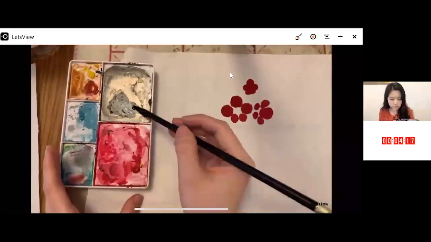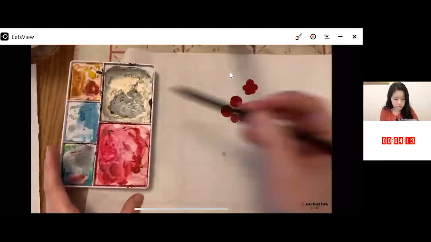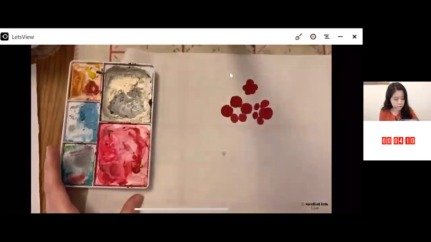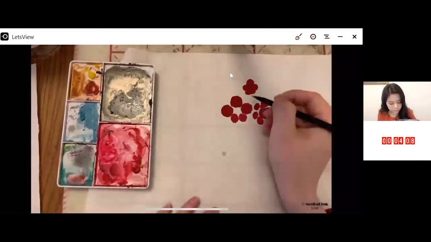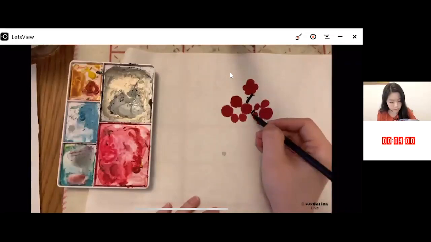now let's get another brush and get some ink to draw the twigs and branches. Firstly, I always just link the flowers with the twigs first.